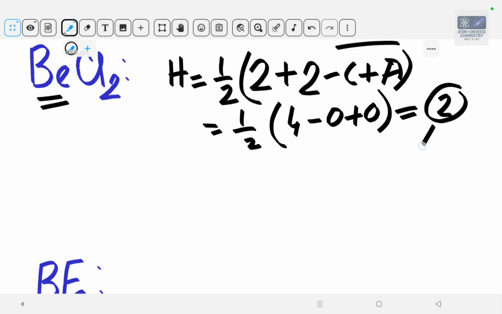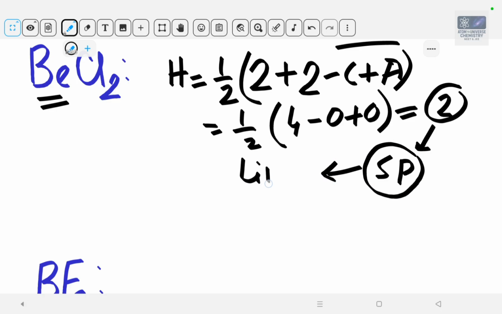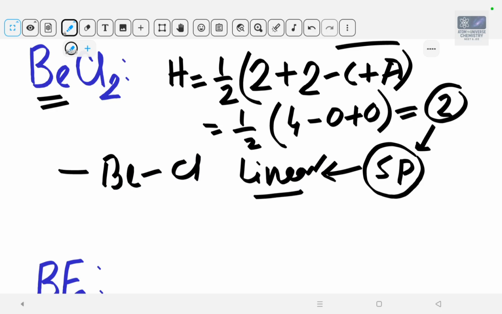So this value 2 gives the hybridization sp, that will be linear, and the structure will be like that. The angle in between will be 180 degrees.